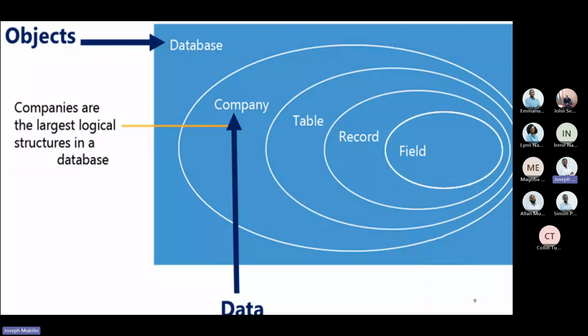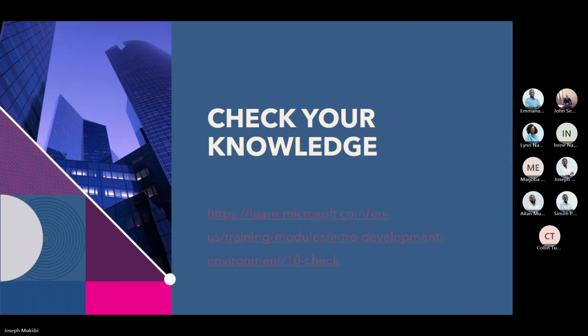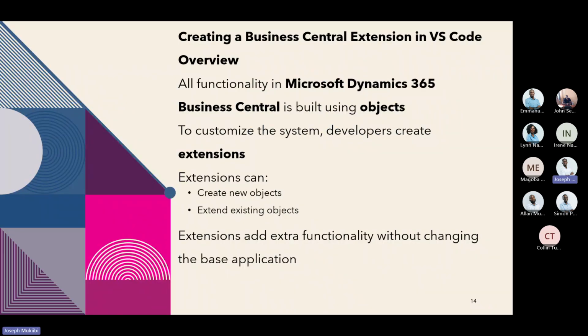We have looked at the IDE. Also done this. So now we're going to go to creating Business Central extensions in VS Code. All functionality in Microsoft Dynamics 365 Business Central, like I mentioned, is built on objects, and I mentioned the objects in the last slide.